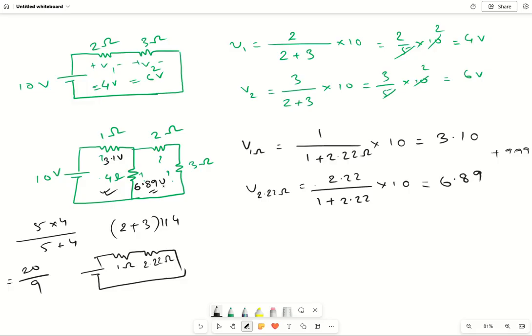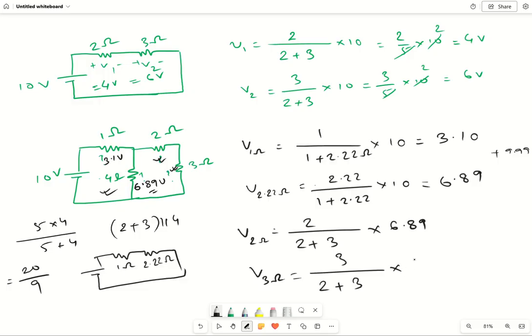This 6.89 volt is getting divided across these two, so it will behave as a source for these two resistances. So the voltage across 2 ohm will be 2 divided by 2 plus 3 multiplied by 6.89. Similarly, across 3 ohm will be 3 divided by 2 plus 3 into 6.89, right?